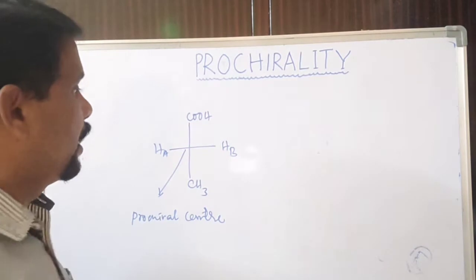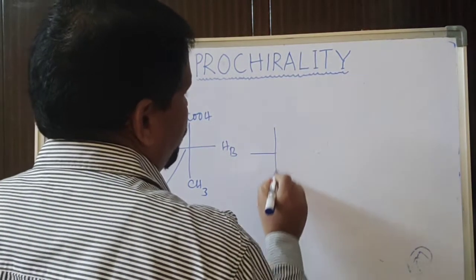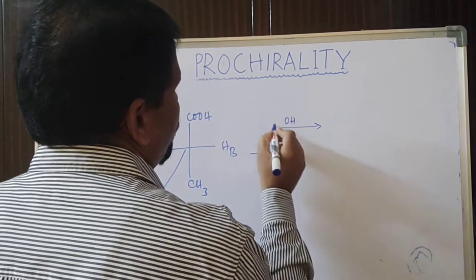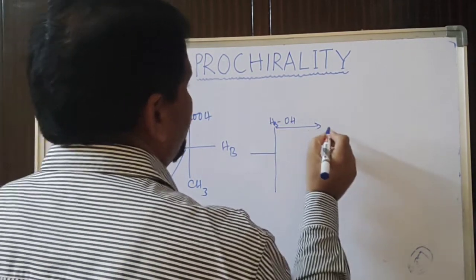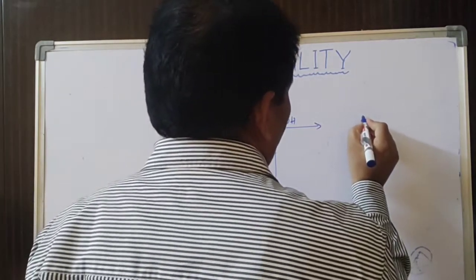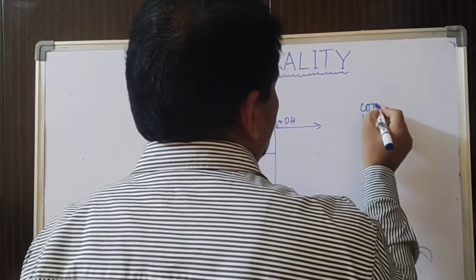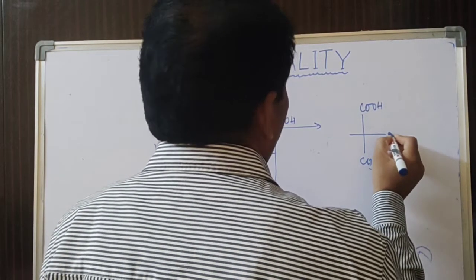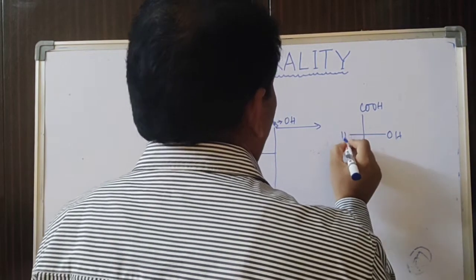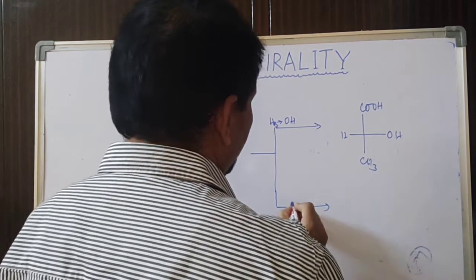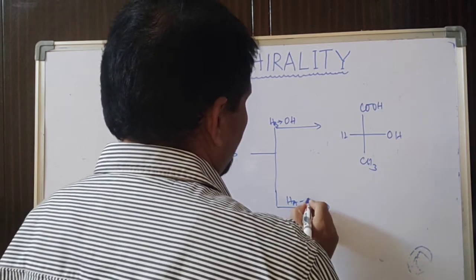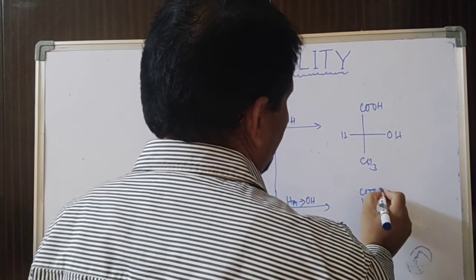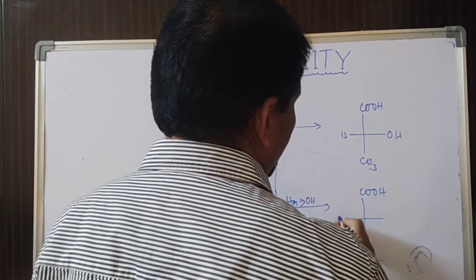If you replace HB with a hydroxyl group, you will get one chiral stereoisomer. If you replace HA with a hydroxyl group, you will get another enantiomer or chiral stereoisomer.